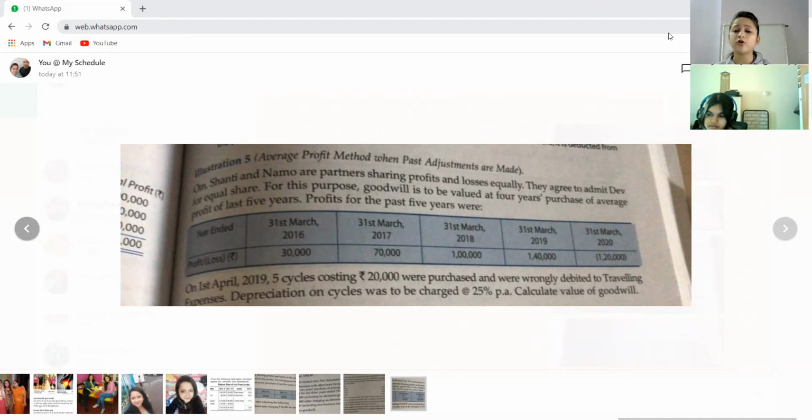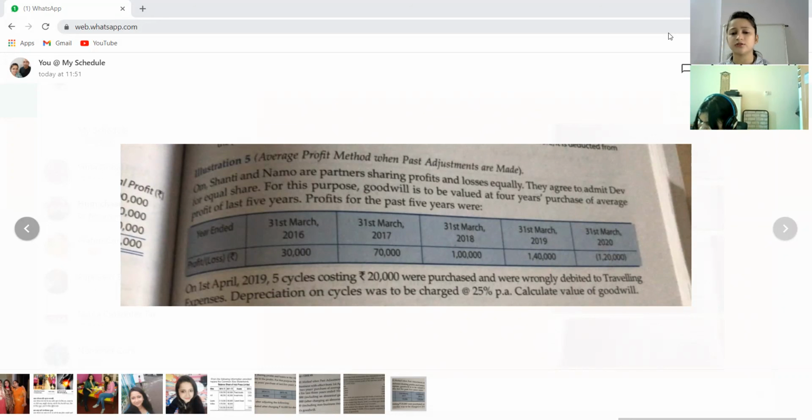So you have wrongly debited it in the PL, so definitely you forgot to give depreciation also. Now you know this is an asset, so you have to give depreciation. Depreciation will reduce your profit. So less depreciation on cycle.